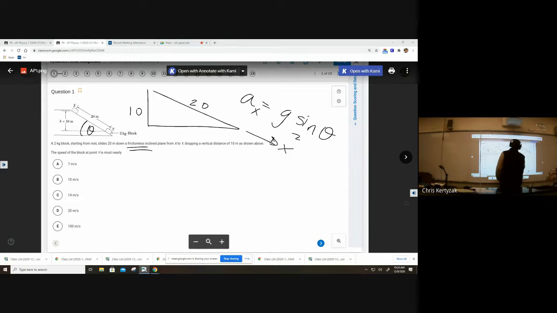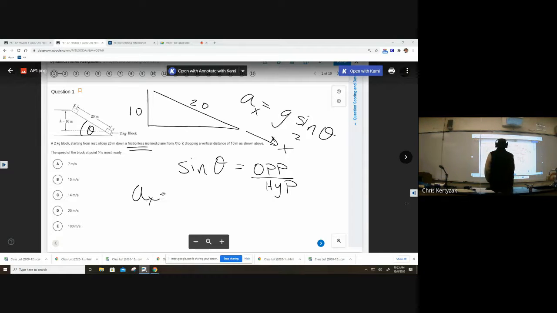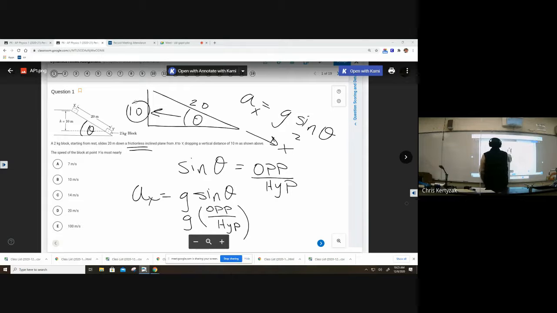Just know that sine theta is opposite over hypotenuse, which means our formula, instead of being g sine theta, can just be g times the opposite over hypotenuse, right? Because that is sine theta. So if this is the angle of the ramp, the ratio of opposite to hypotenuse is a 10 to 20 ratio. That's a half, right?